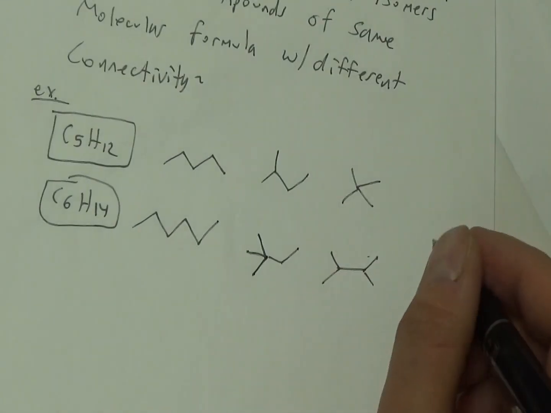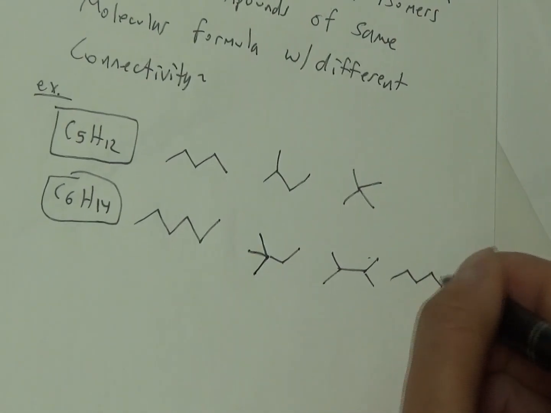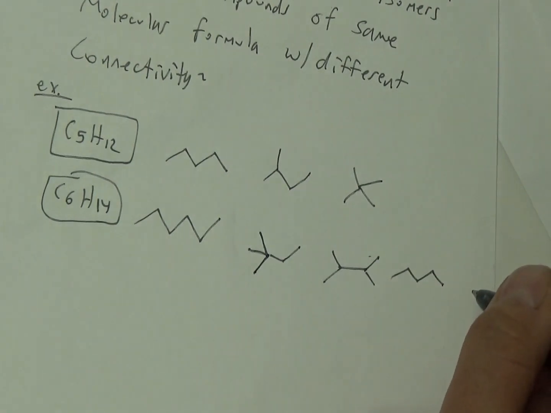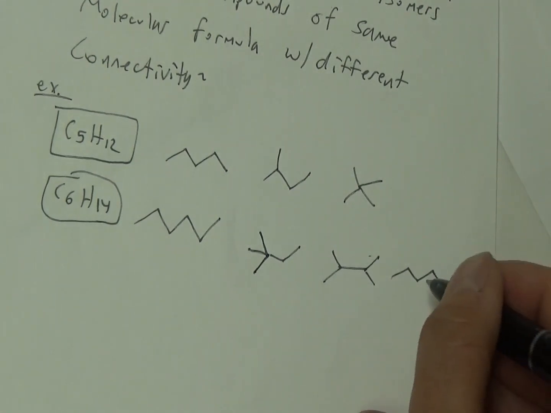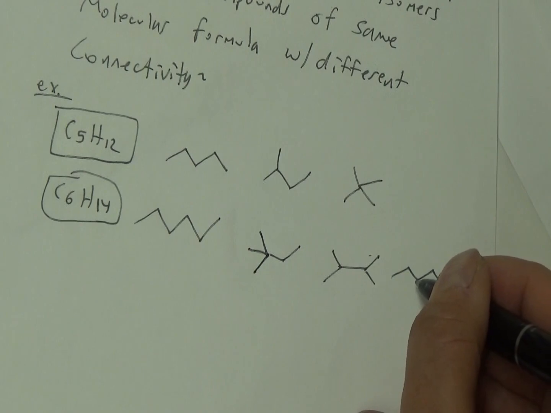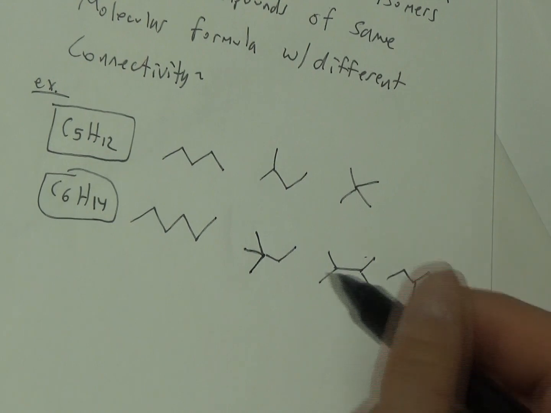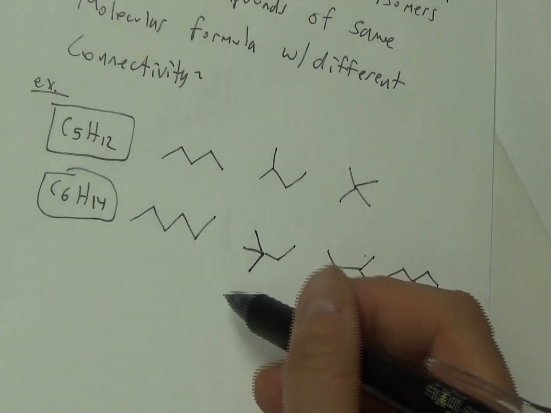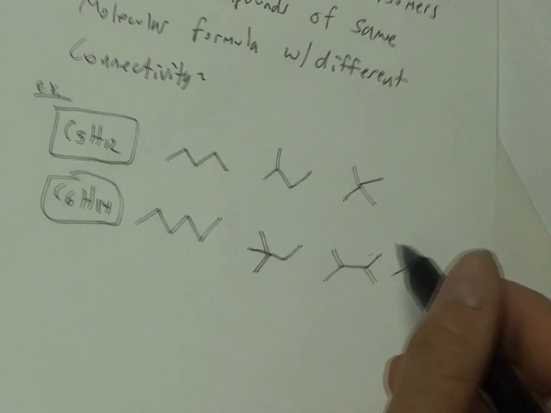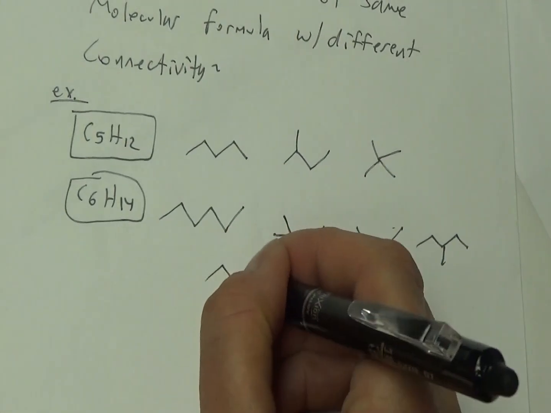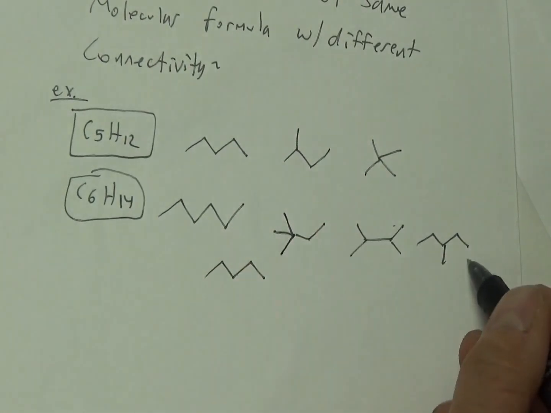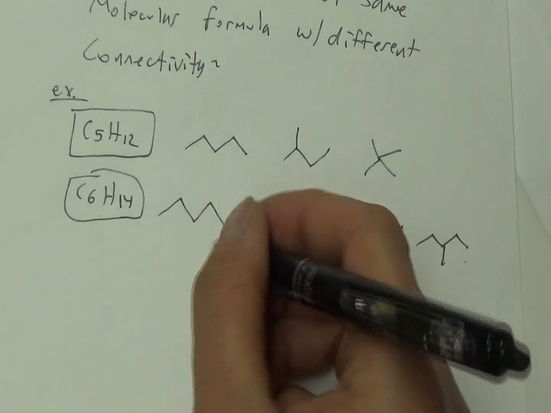You could also do 5 carbons with a methyl right there. I usually just start with a simple branching and then move to the more complicated branching. So maybe one more where I have 5 carbons, and I'll put the branching right there.